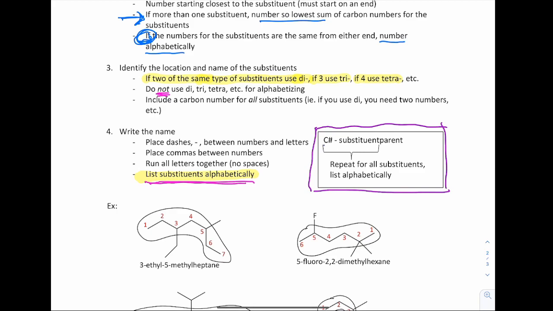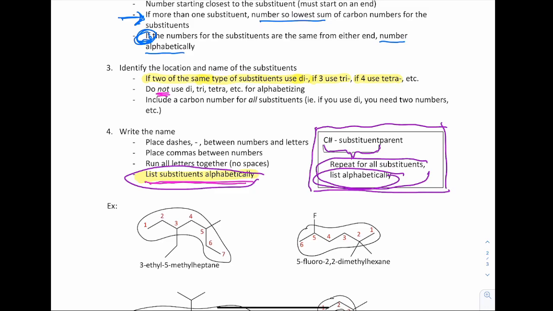This part, carbon number and the name of the substituent, I'm going to repeat for all substituents. So if I have 3 substituents, carbon number dash name of substituent dash carbon number dash name of substituent dash carbon number dash name of substituent, and then the parent. And the order that I'm going to put all of that in is alphabetically.